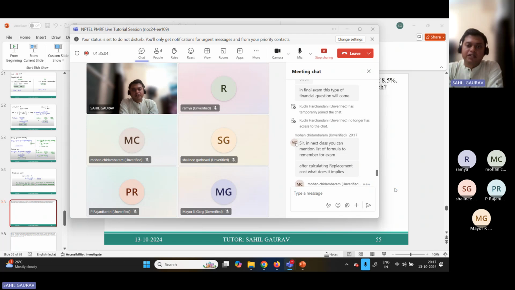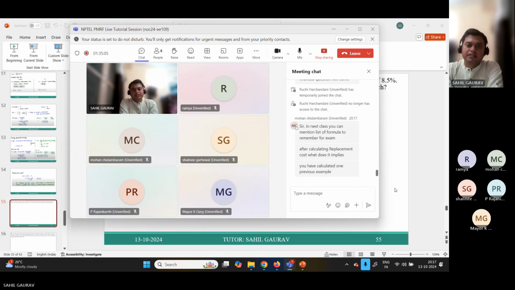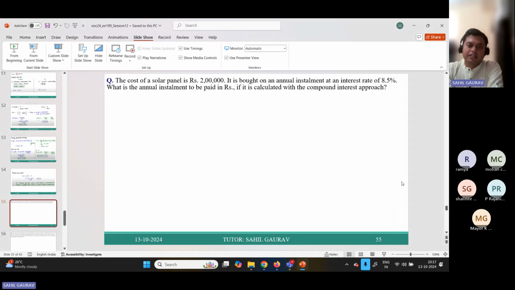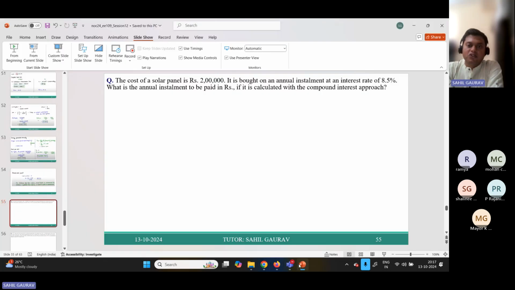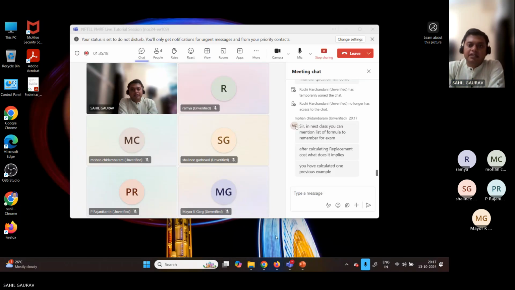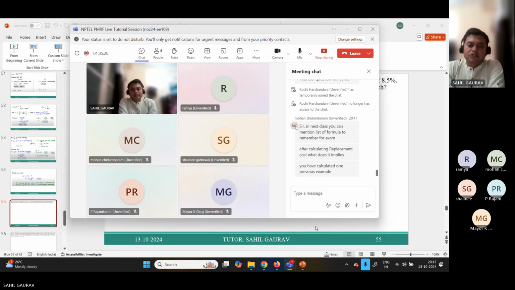Calculating the replacement cost, what does it imply? Yes, replacement cost means you know the value of the item, and you know the interest rate. So what amount of money you need to have right now so that you can replace it at some instant of time later.